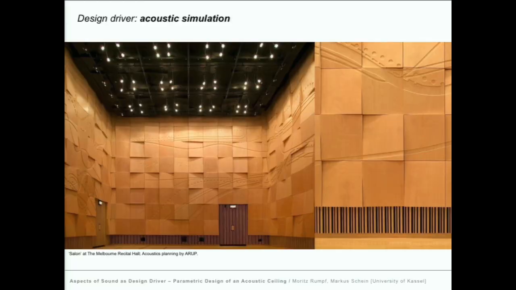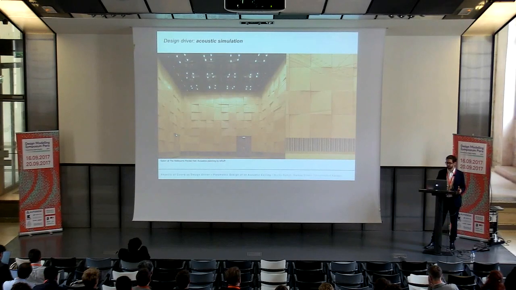In contrast, acoustic simulation is mostly used for predicting and respectively fine-tuning the acoustic performance of spaces where it is of paramount importance. Sound absorption, which is most of the time crucial for the reverberation time and thus important for the acoustic quality of a space, is mainly determined by material properties and not by macro geometry.